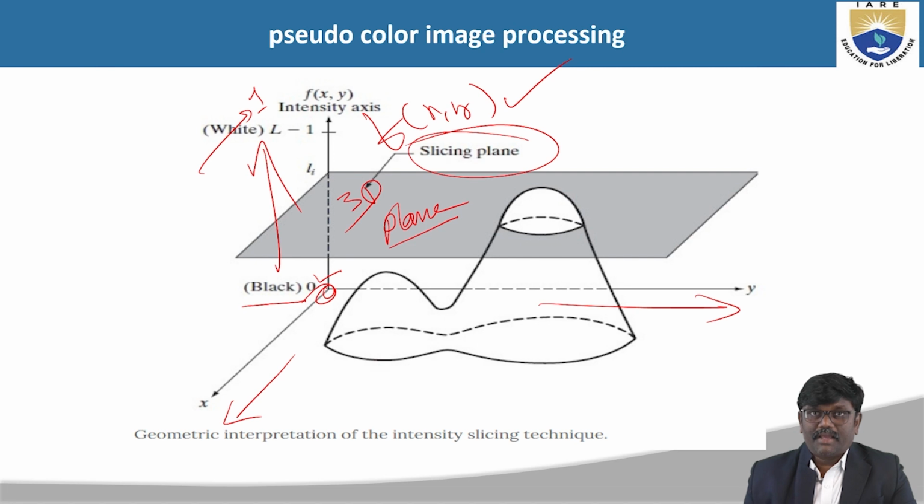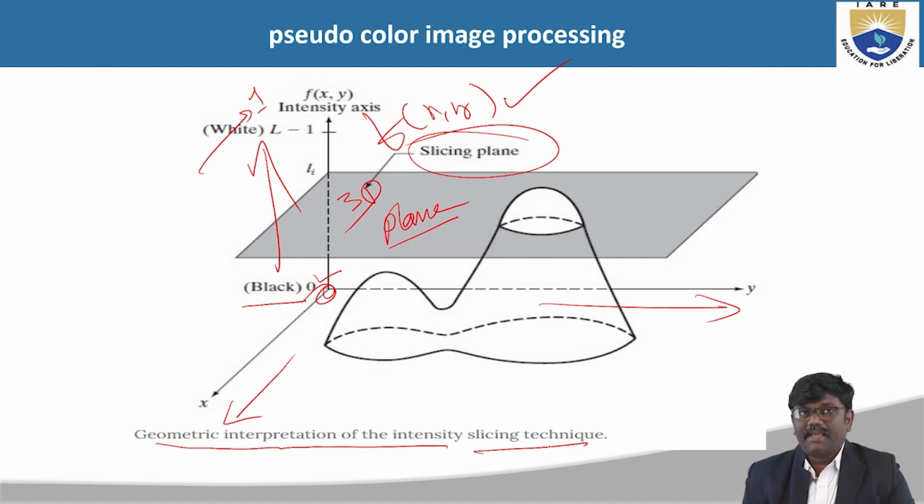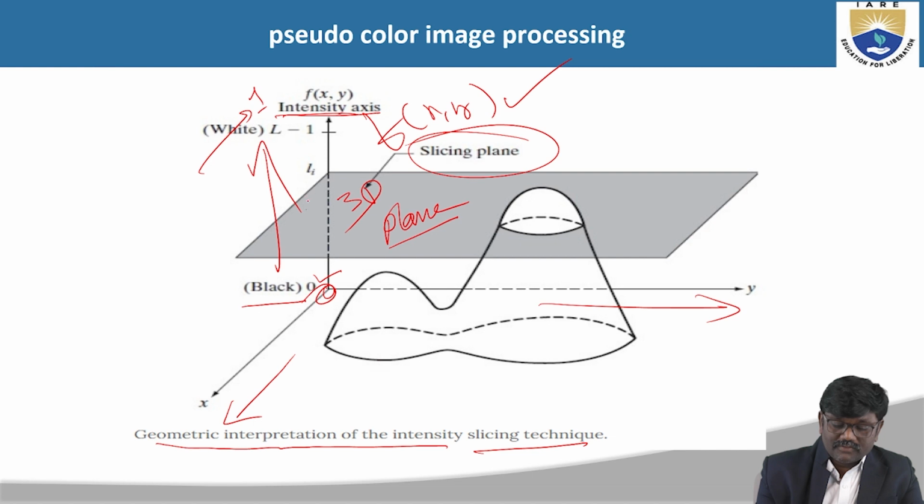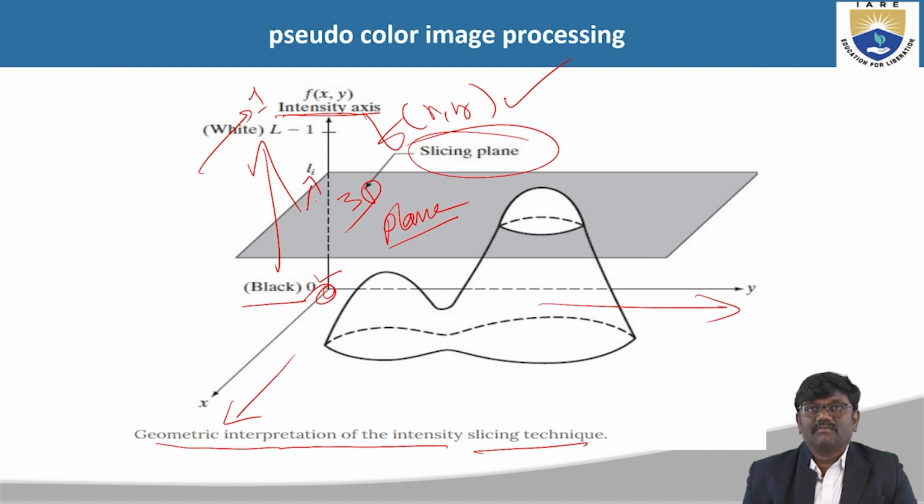Here we apply the geometric interpretation of the intensity slicing technique. So we understand it varies along the intensity axis values, which are adjustable. How one slice changes to another is adjustable.